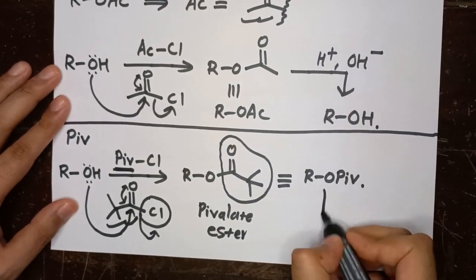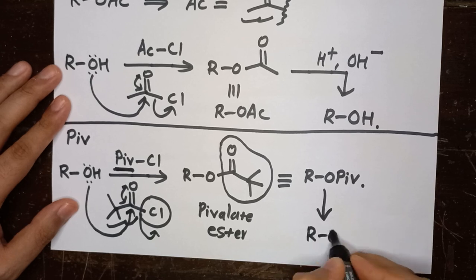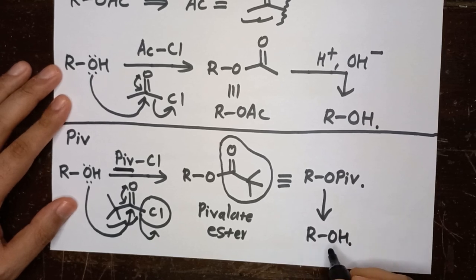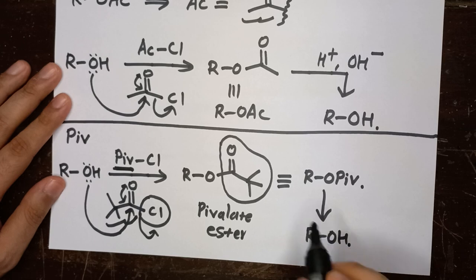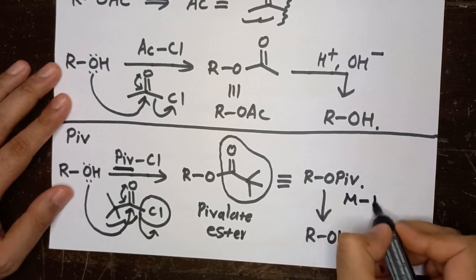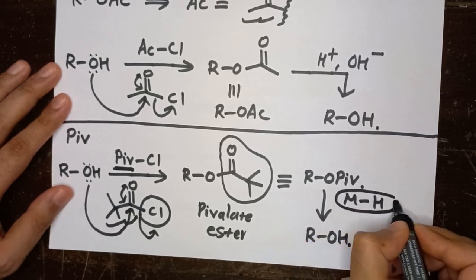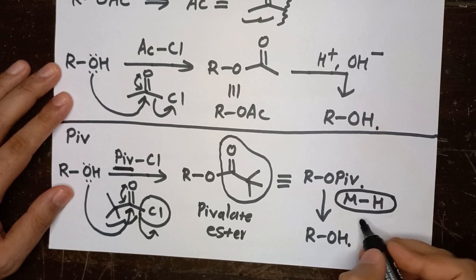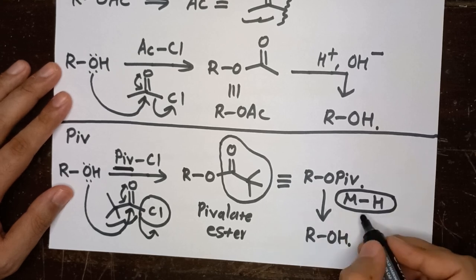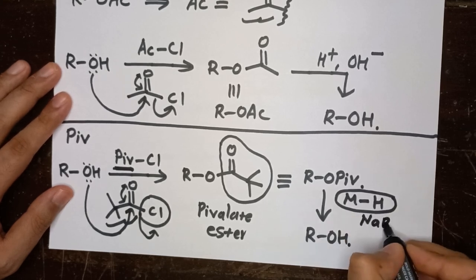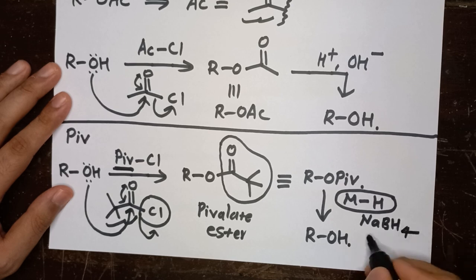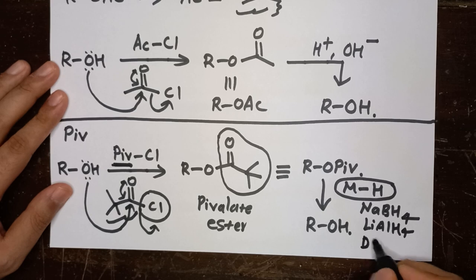And to get back your alcohol, particularly here, you have to use a metal hydride. That can be any metal hydride, like sodium borohydride, lithium aluminum hydride. You can use DIBAL-H.